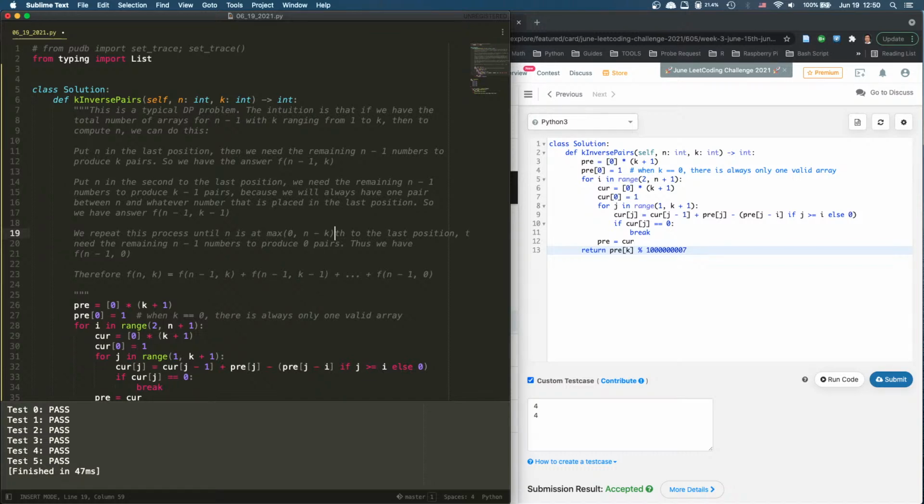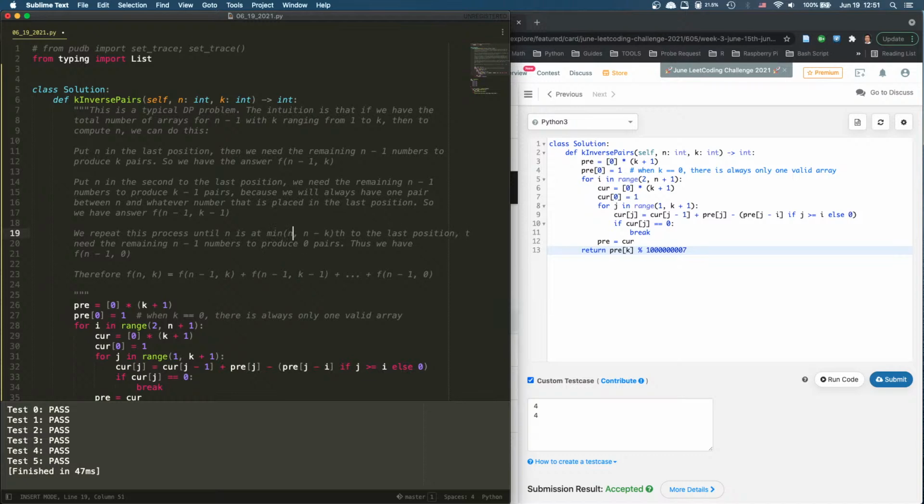Which position? Either the nth position or k's position, whichever is smaller.